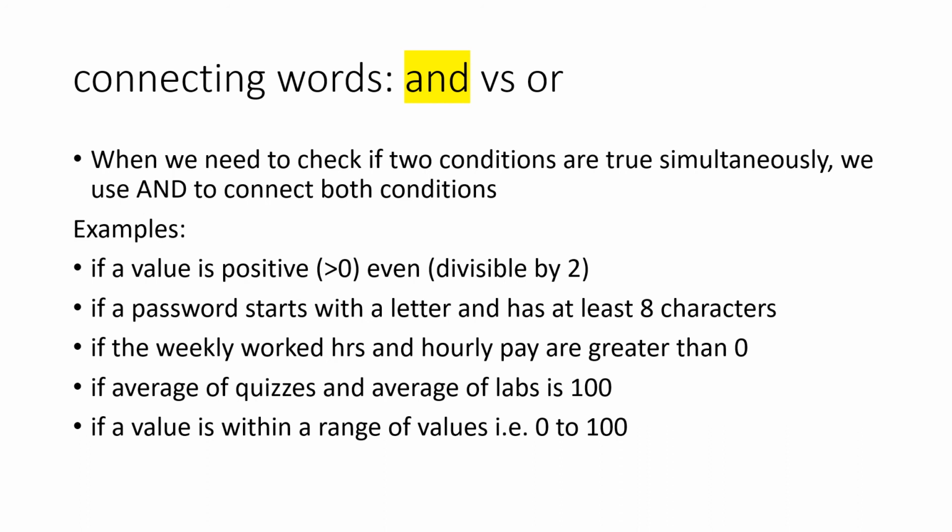For both types of assignments to be earning 100 average. And finally, if a value is within a range, and this is something I'm going to talk about extensively because a lot of times when we request a value from the user, we normally validate the input, and we're going to practice that quite a bit, not only now with the if statement, but also with the loop, because that's something that we normally want to do.